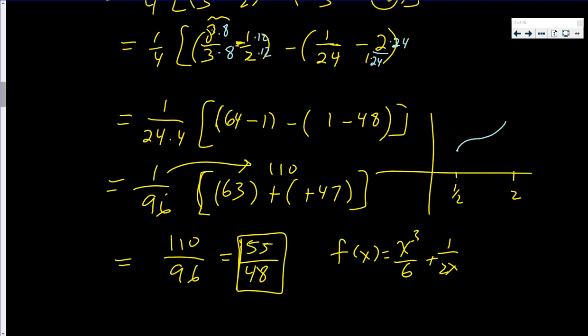Well, we just found out how long that curve is. It's a little bit more than 1, it's 1 and 7/48 units, depending upon what the units are. Maybe they were inches, maybe they were feet, who knows? They could have been miles.